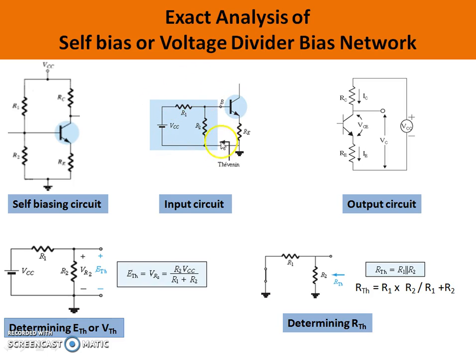To solve the input circuit of a self bias network, one needs Thevenin's theorem and Kirchhoff's voltage law. According to Thevenin's theorem, R1 and R2 can be replaced by its parallel combination in series with a Thevenin's voltage source.